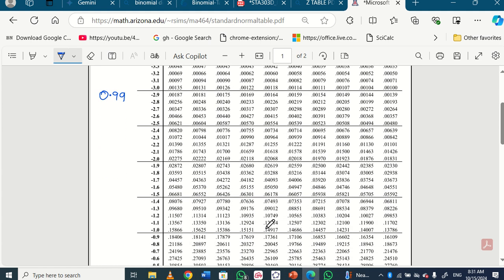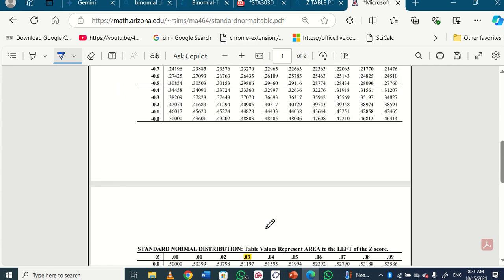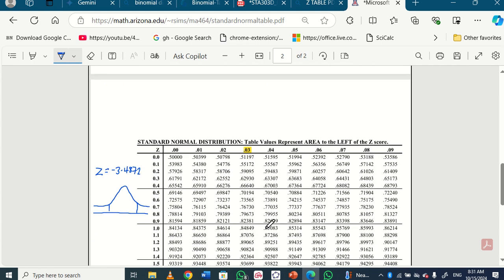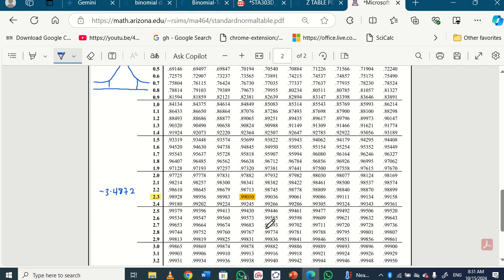Let me go down and see. Okay, when you look at these values, you have to scroll through all: 0.92, 0.96, 0.97, 0.98, 0.99010. So you could see I'm looking for 0.99. This is what I am looking for.